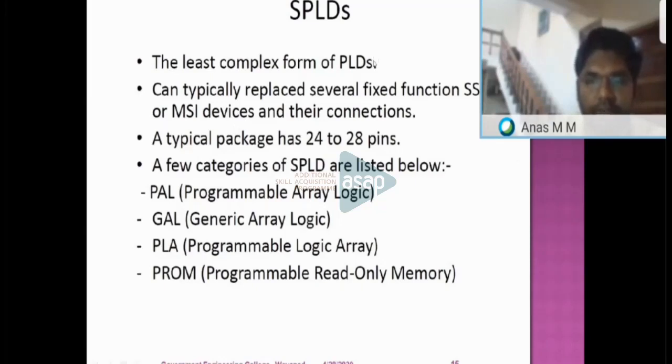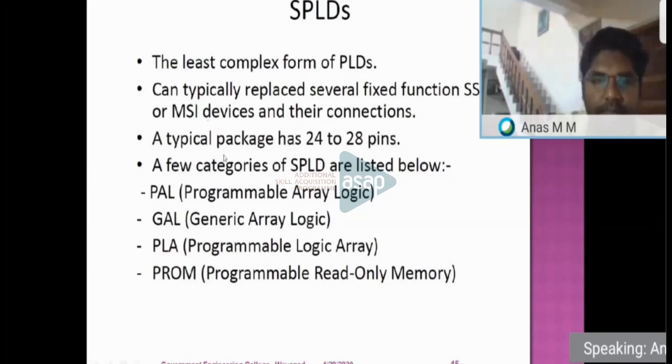Programmable logic devices use PAL, PLA, or PROM, and depending on the complexity, we again classify them into SPLD, CPLD, and FPGA. The first classification is SPLD. SPLD comes under SSI or MSI, that means small scale integration or medium scale integration.